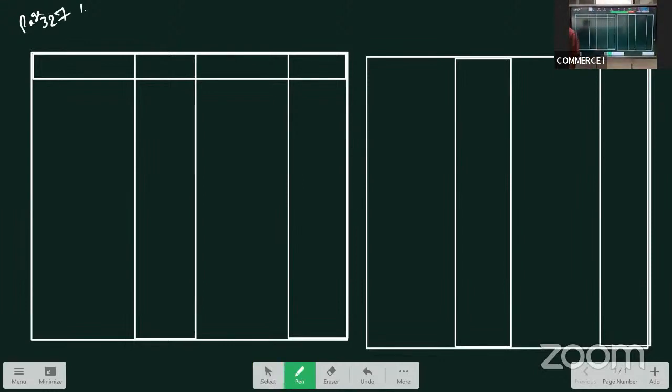So, what does the question say, you see? From the following trial balance will be the question. For preparing trading P&L account and balance sheet, trial balance will be the question. So from the following trial balance, prepare final accounts of Satish Traders for the year ended on 31st March 2018. So we are preparing trading account of Satish Traders for the year ended on 31st March 18.